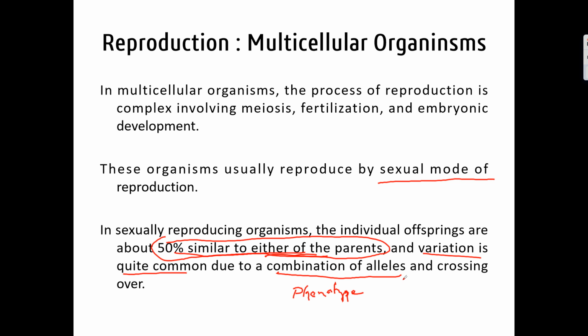During meiosis, crossing over or chiasmata will take place, and this will also lead to variations. So the organisms which reproduce by sexual mode have more variations when compared with the organisms reproduced by asexual mode.